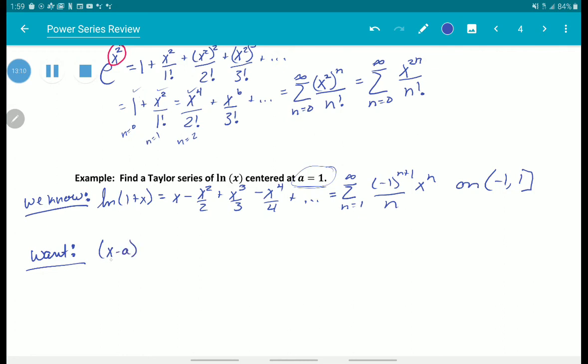Remember, to be centered is going to be x minus a, but we want our a to be 1. So we want that. So we know kind of what this is going to look like. Replacing that x with x minus 1.